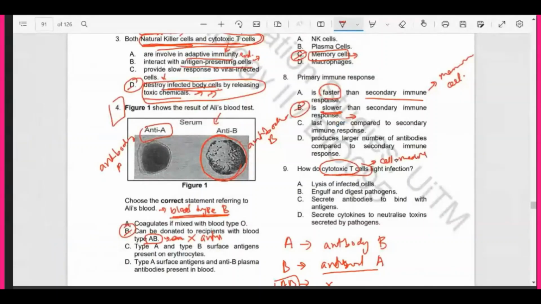When involved in the cell-mediated immune response, it only destroys infected body cells. So which one is it? Secreting antibody is done by the plasma cell, which is the effector cell involved in the humoral immune response. The cytotoxic T cell is involved in the cell-mediated immune response by destroying infected body cells.